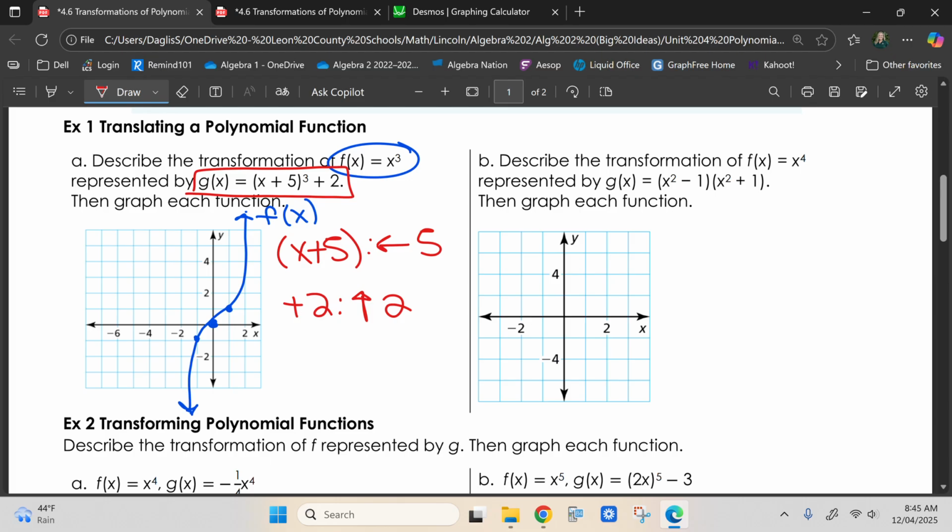So these 3 points that I already plotted are going to move to the left 5 and up 2. Left 5, up 2. Left 5, up 2. Left 5, up 2. And then here's my new one. I did that faster than typing it into Desmos.